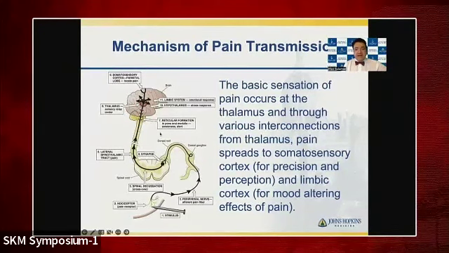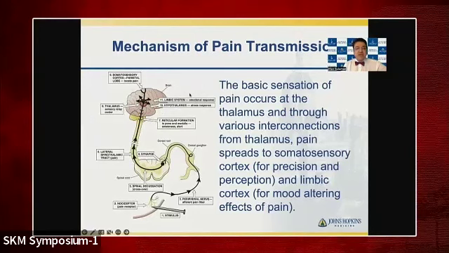With this slide, one important thing I want to show: when these pain signals go to the somatosensory cortex, at the same time these signals pass through the limbic system. And when these signals persist for a few months, as the definition of chronic pain is pain for more than 3 months, imagine 3 months of persistent signals going into the limbic system.